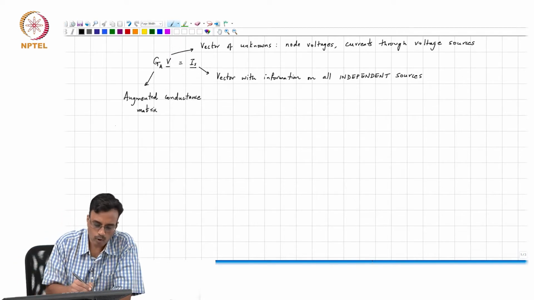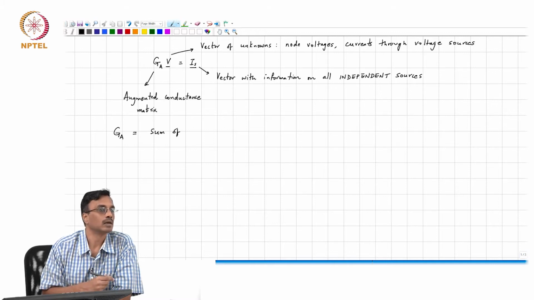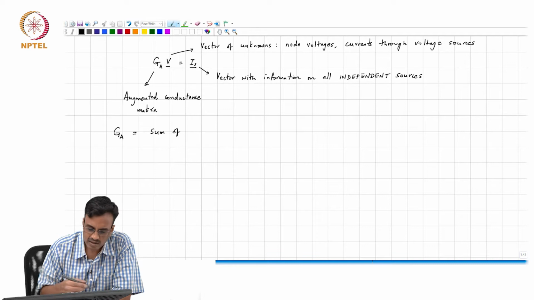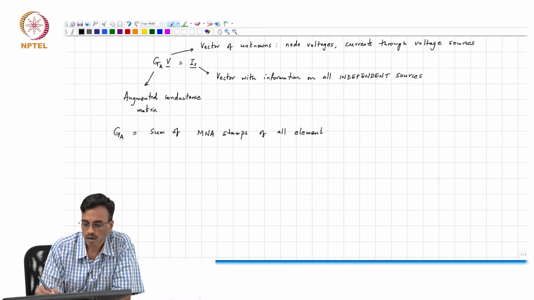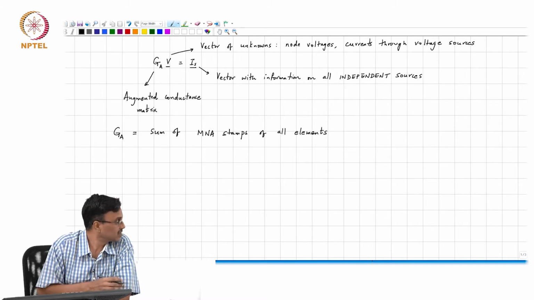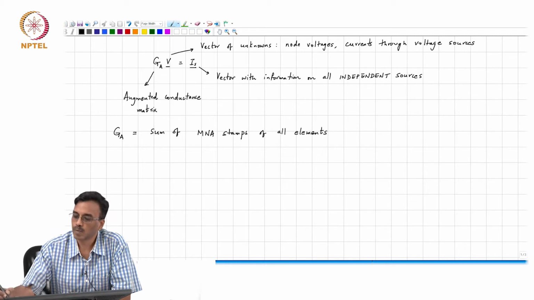Now, how do we go about forming the conductance matrix? This is simply the sum of what? Very good. It is simply the sum of the MNA stamps of all the elements. Yesterday we saw what the MNA stamp of a current source would be, of a voltage source, and of a conductance.